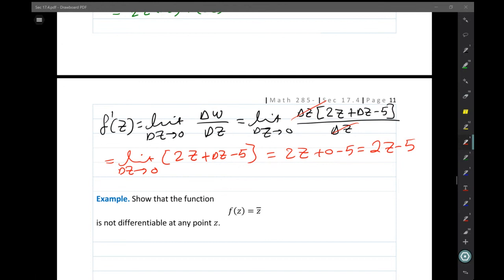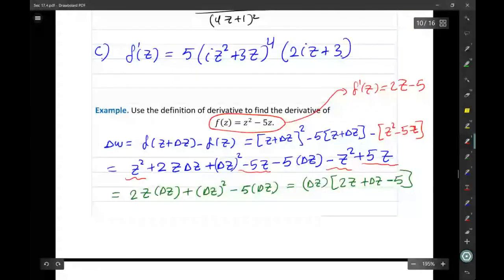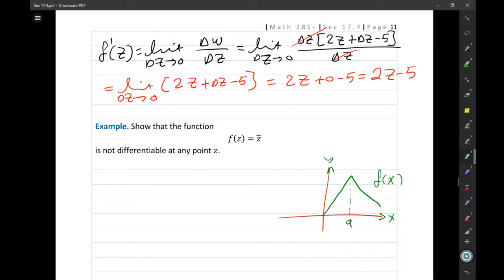Bilal, in calculus 1, when you learn that if the function is differentiable at a point, that means it is continuous at that point. But if it is continuous, then it is not necessarily differentiable. Have a look at this example. The function f of x, this is the xy plane. f of x is continuous at the point A, but it is not differentiable at the point A because you have a corner.